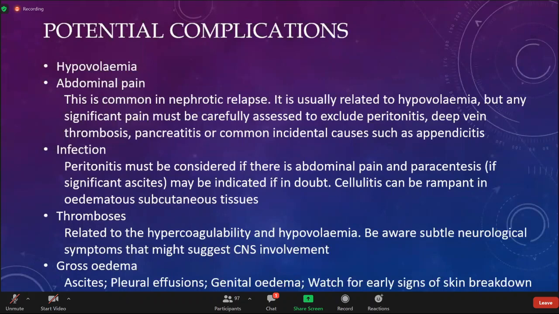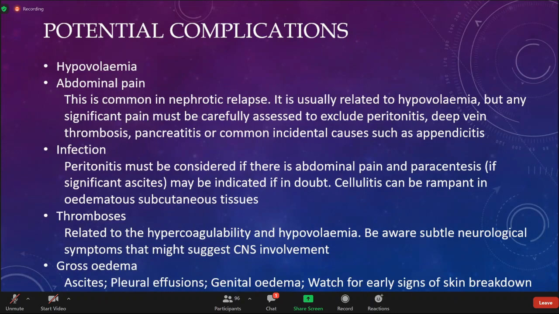What are the complications you can have with nephrotic syndrome? At the very beginning, I mentioned hypovolemia is a feature of nephrotic syndrome due to reduced oncotic pressure. Therefore, you always have to evaluate the child for features of hypovolemia. Abdominal pain. Nephrotic syndrome children can develop abdominal pain due to many reasons.